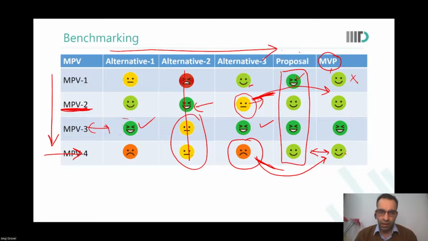See, look at it like this. Alternative 1 has advanced the technology for MPV1, and alternative 2 has advanced the technology for MPV2. I now have two independent new problem statements. First problem statement is how to transfer technology of alternative 1 to alternative 2. Second one is how to transfer technology of alternative 2 to alternative 1.